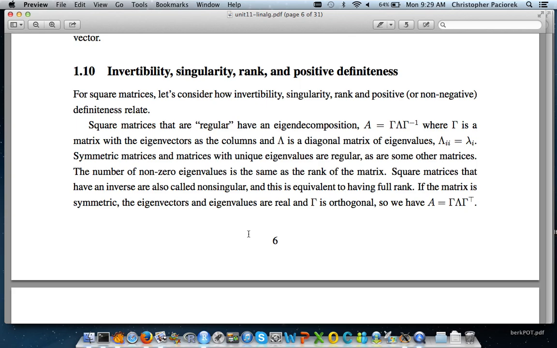Now we have x transpose A x bigger than or equal to 0, with the possibility of at least some x's giving us 0 in this context. And then we have lambda i bigger than or equal to 0. This then implies that the determinant of A is equal to 0, that A is not invertible, and that A is singular.